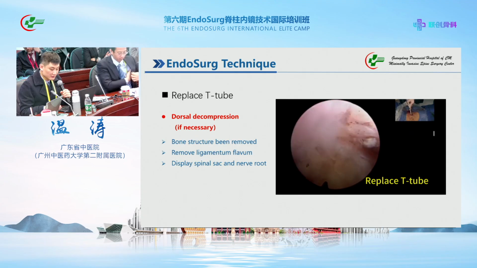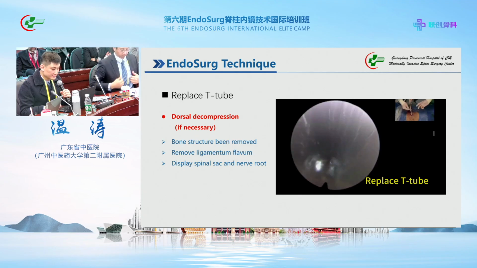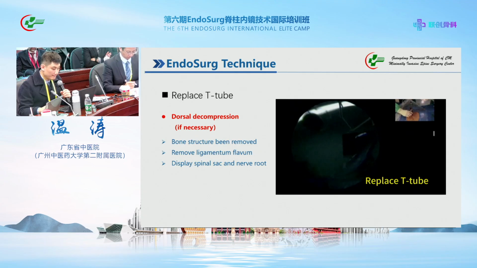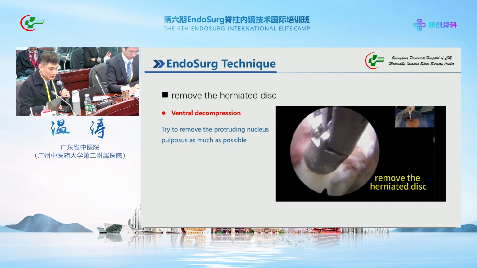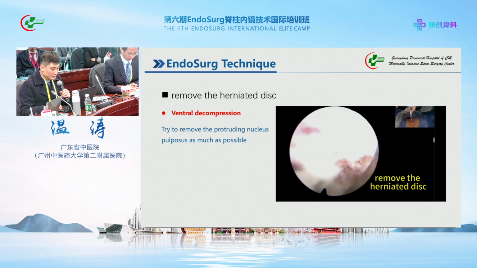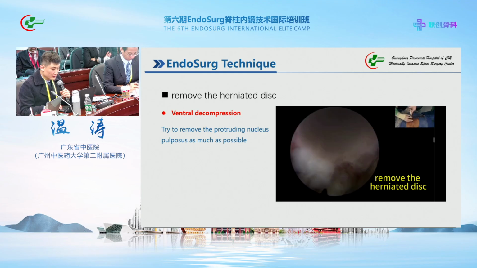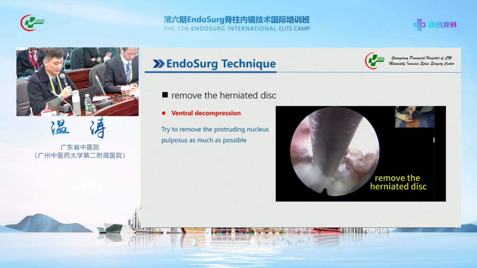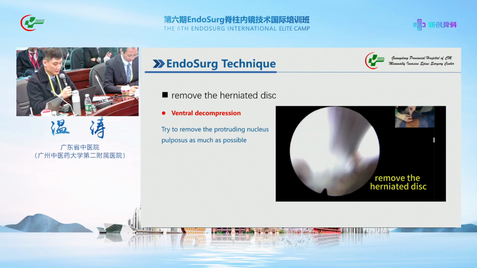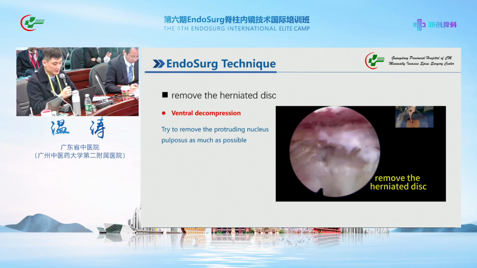And now you can see, as we cut off the yellow ligament and expose the disc, it is very easy to find the herniation and try to remove the nucleus pulposus as much as possible.